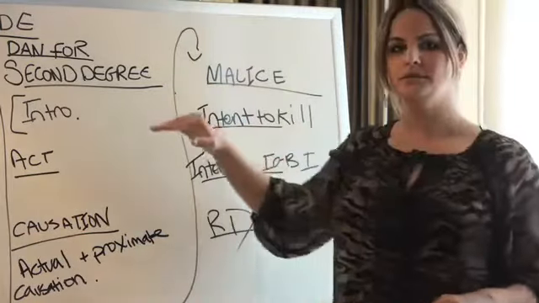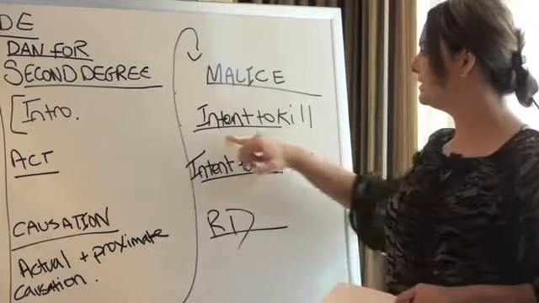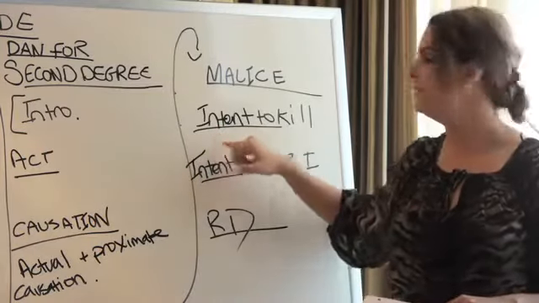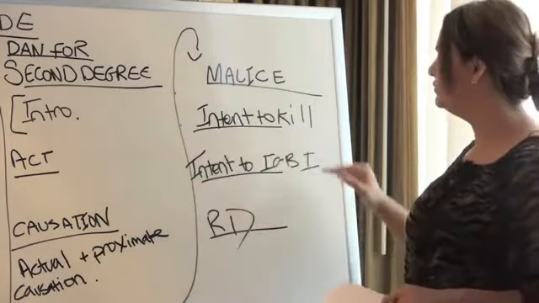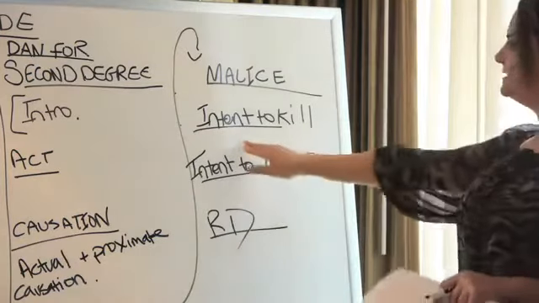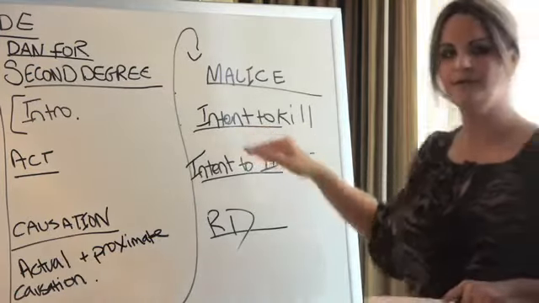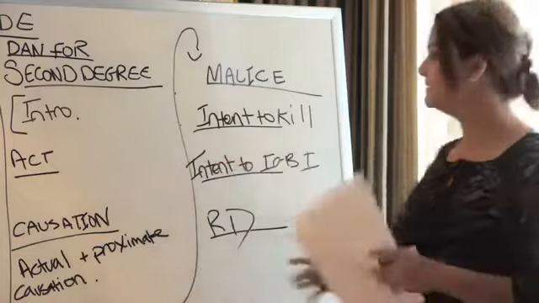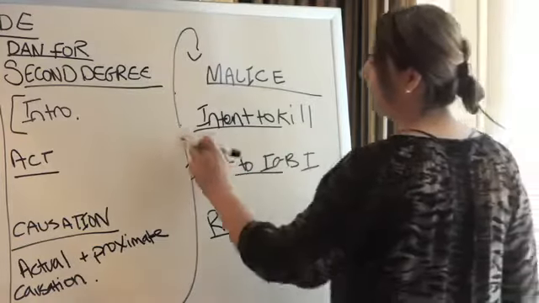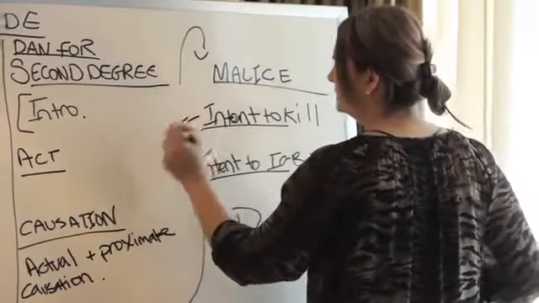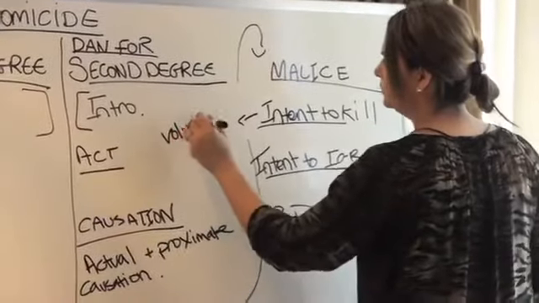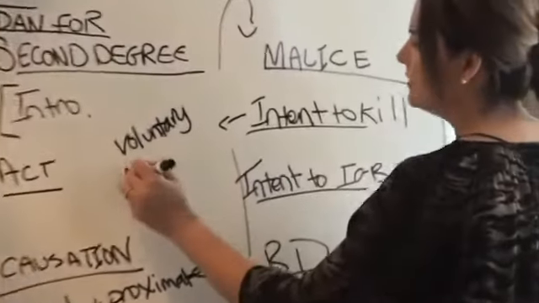However, it's important to note that the defense for intent to kill of the defendant is going to be what? The defendant did not intend to kill. The defendant was provoked. So the defense for intent to kill is voluntary manslaughter, which we'll get into in a moment.